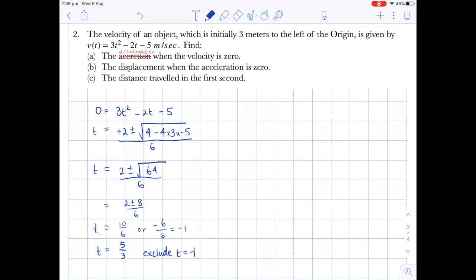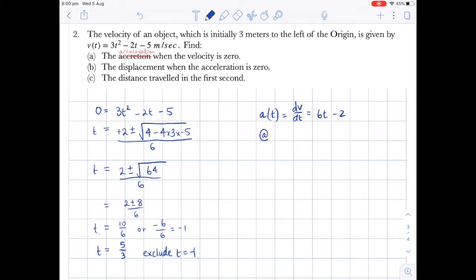I'm even going to say exclude t equals negative 1. Okay, so we know the time when the velocity is 0, so if I want to find the acceleration at this time, the first thing I'm going to do is find an equation for acceleration, which is equal to the derivative of the velocity, which is 6t minus 2.